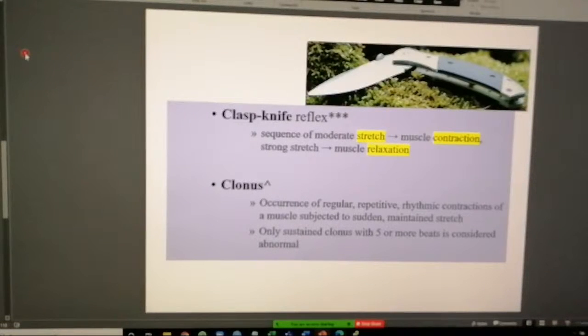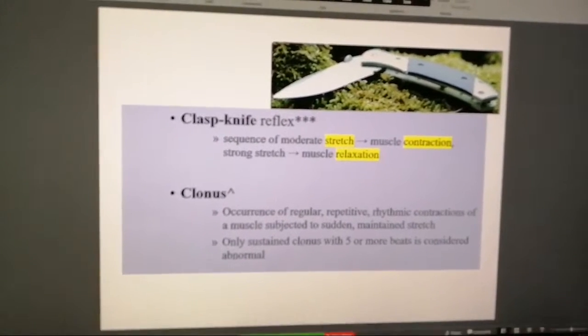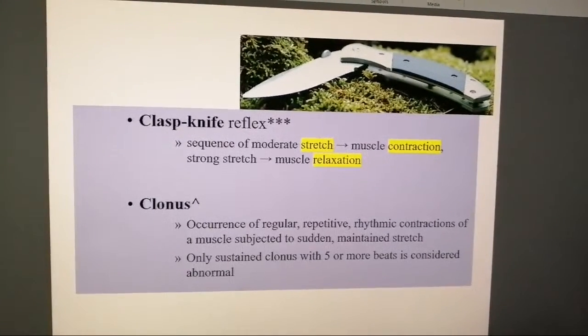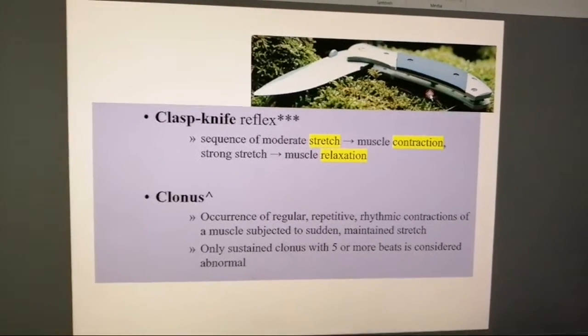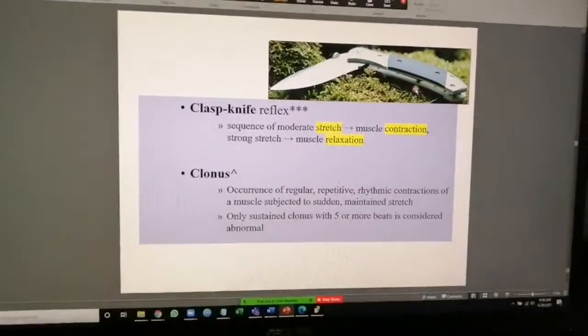This is the second last point, the clasp knife reflex. I hope you can see the clasp knife. Remember those Swiss knives, the multifunctional knives which have the nail cutter and God knows what else in there. The point here is how they open. Let me zoom out and show you.